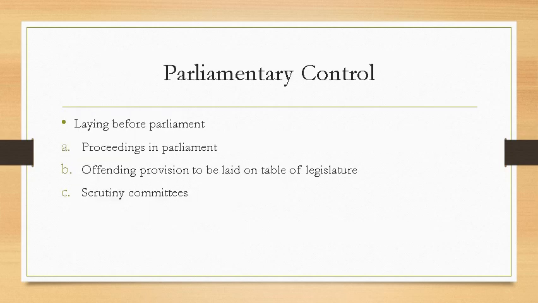Then the next is the parliamentary control. See, there are ways in which this is also exercised. In the sense, there could be proceedings in parliament, there could be an offending provision which is to be laid on the table of the legislature, and of course there are scrutiny committees.